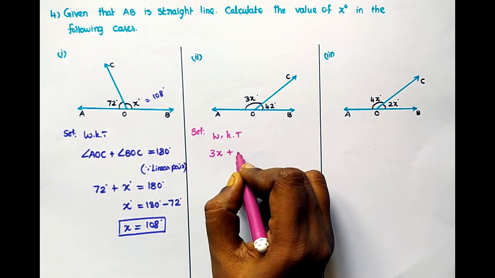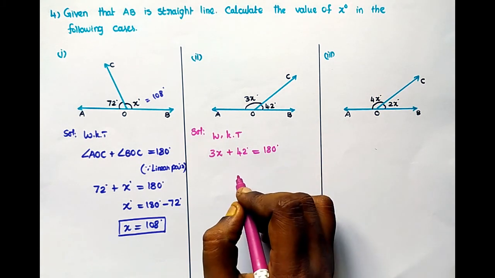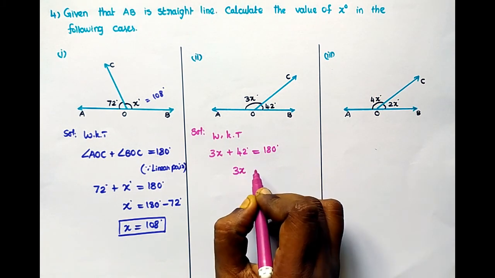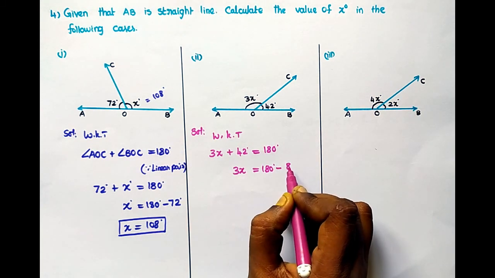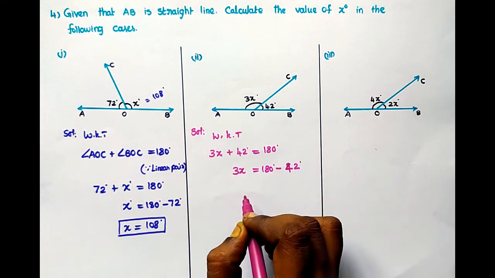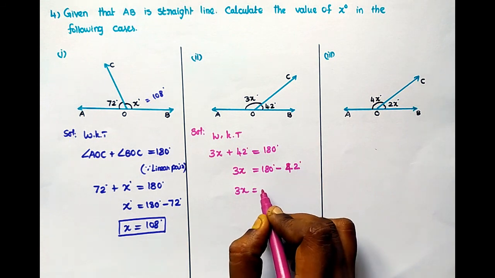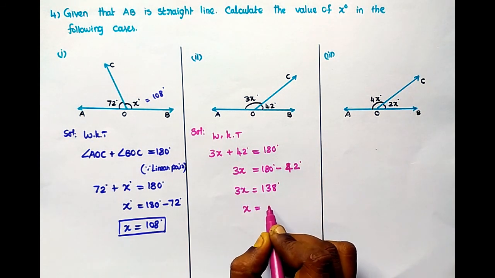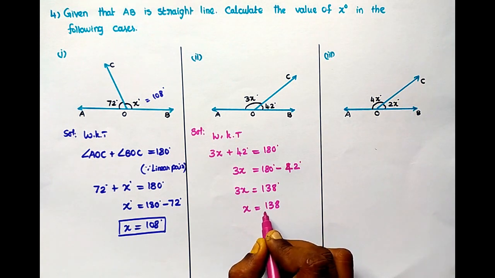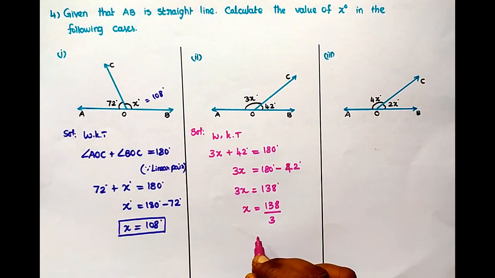So 3x plus 42 degrees equals 180 degrees. 3x equals 180 minus 42, that is 138 degrees. So x equals 138 divided by 3, because 3 is in multiplication here, bringing this side it becomes division.